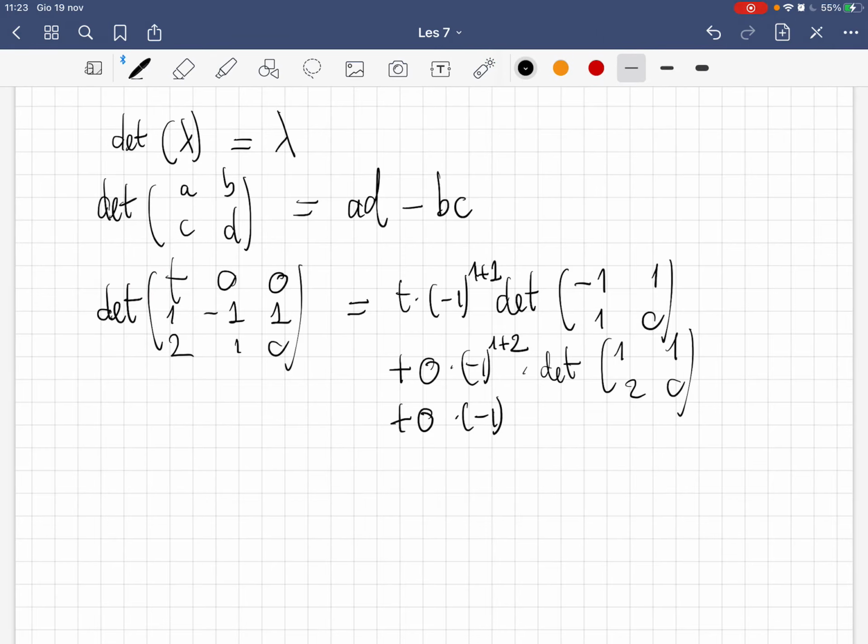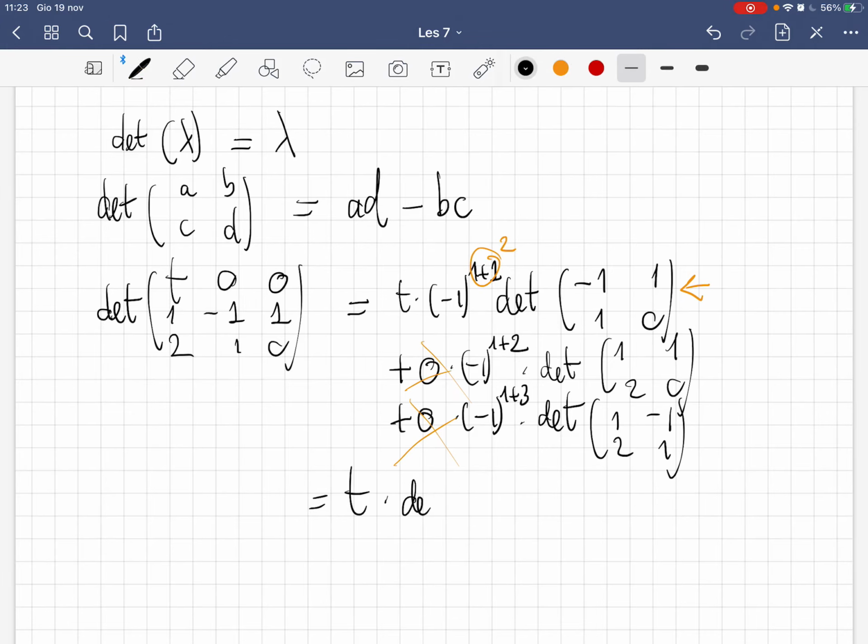The row index is 1 and the column index is 3, times the determinant of the matrix you obtain by erasing this and this, so it's 1, minus 1, 2, 1. Of course, since this is 0, you don't have anything here, and so what's left is actually this thing, so it's actually kind of easy.